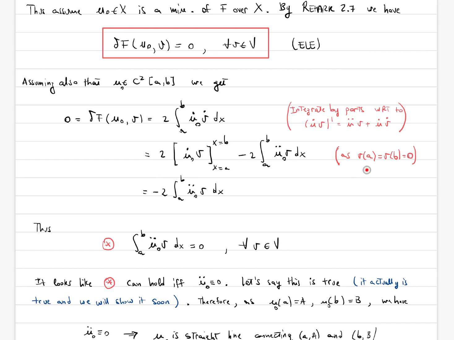And now we know that since v has the boundary condition v of a equals v of b equals 0, this term here actually vanishes, because explicitly this would be u0 prime evaluated at b times v evaluated at b minus u0 prime at a times v at a, and this is equal to 0 because both of these terms are 0.